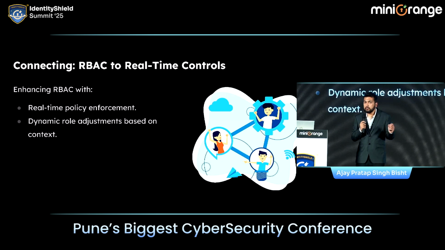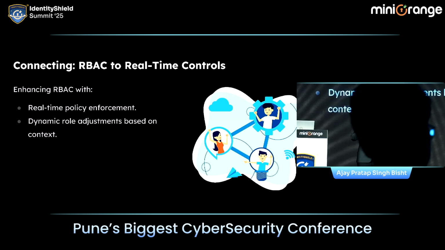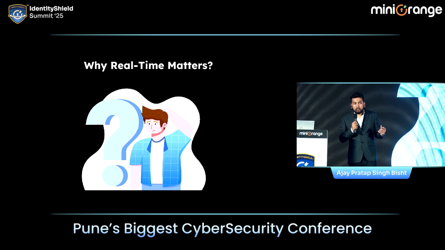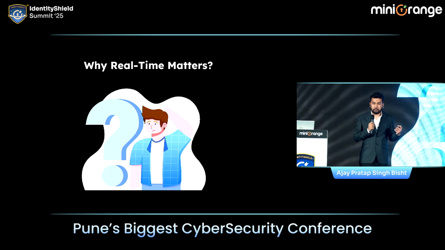On the go, if we are changing the role of a person, let's say I am an IT admin and I see a certain user using their application or resource in a vague manner, I can change their permission set on the go, and it will be reflected and they won't be able to access it anymore. So the question arises, why does real-time matter? Real-time matters to resolve all these kinds of issues where policy management is of crucial need.